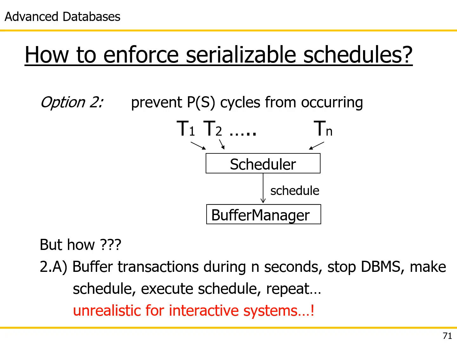Now, the option that you might think of as well is, as it says in 2.8 down there, you buffer the transactions during n seconds, you stop the DBMS, make the schedule, execute the schedule, and repeat.